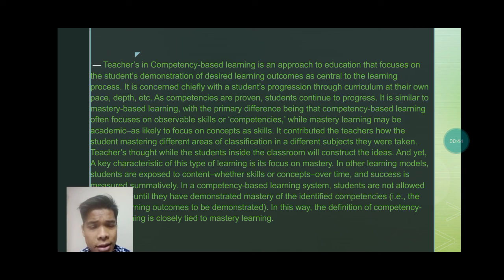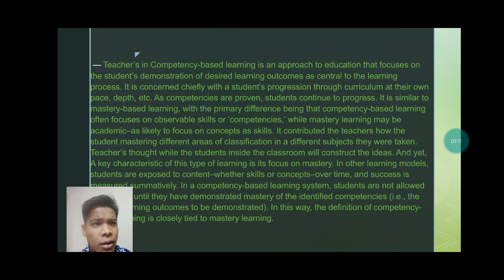As competencies are proven, students continue to progress. It is similar to mastery-based learning, with the primary difference being that competency-based learning often focuses on observable skills or competencies, while mastery learning may as likely focus on concepts as skills.